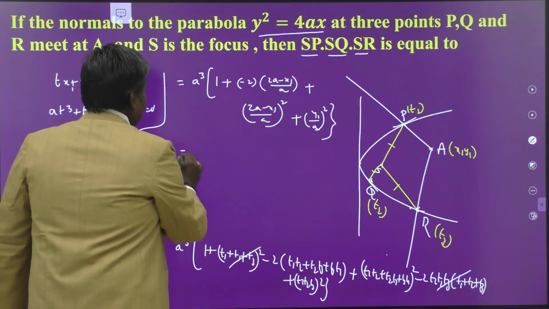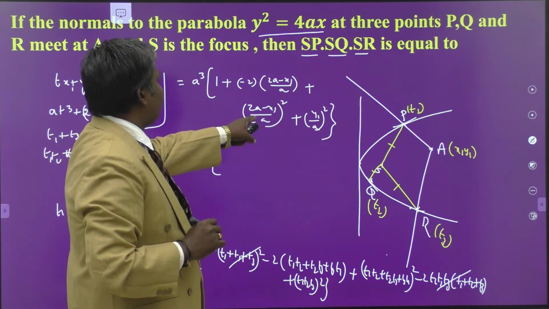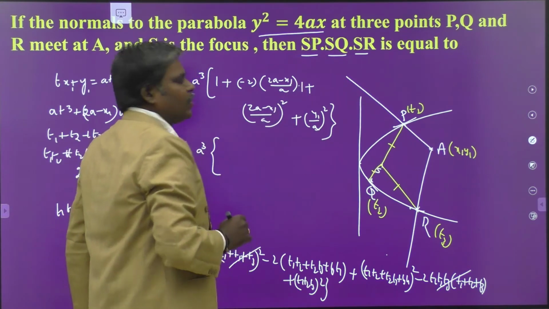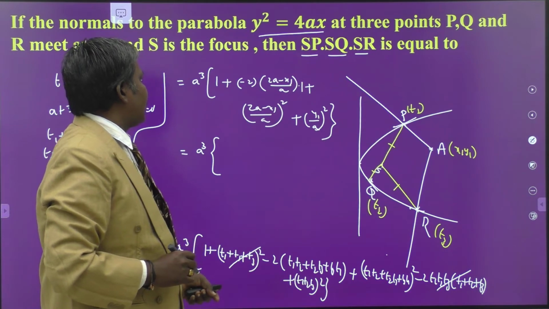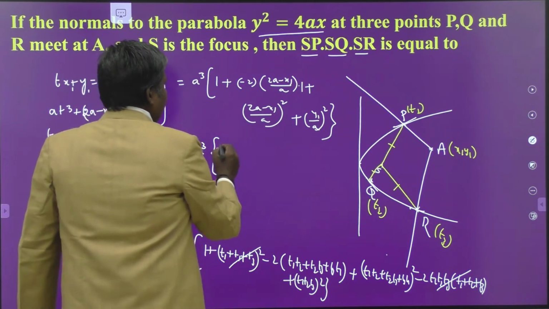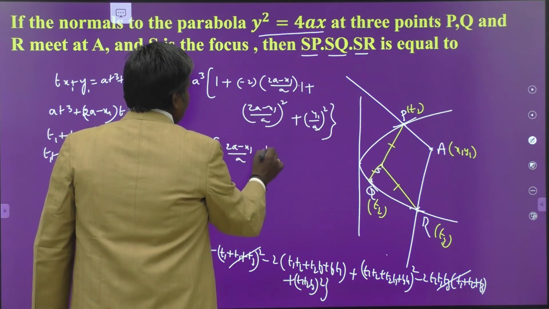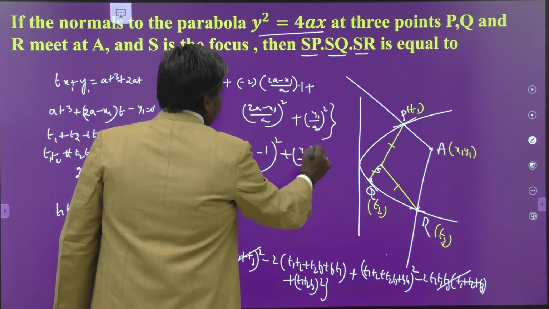My dear students, listen carefully. This is a cube times of, this is of the form a square minus 2ab plus b square. You can write the 1 as well: a square minus 2ab plus b square, that is nothing but (a minus b) whole square. So you can write this one as ((2a minus x1) by a minus 1) whole square plus (y1 by a) whole square.